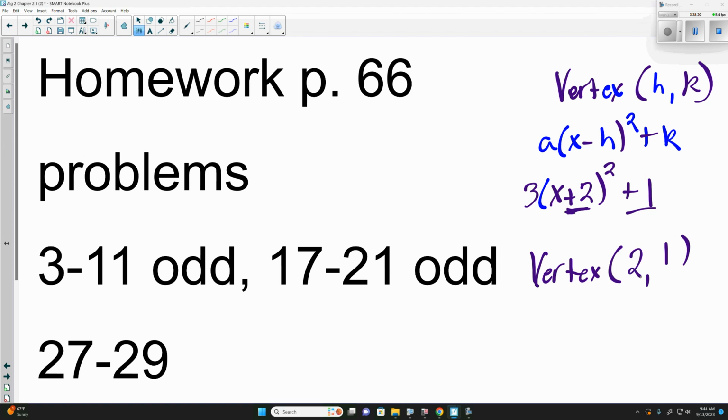The h value would be 2, but since it's plus, it would be negative 2. If there are no parentheses, it's just x squared, which means there is no h. There is no movement left or right, so the h value is 0. If there's no number where the 1 is, then k is 0. If there's not a number in either spot, they are both 0.